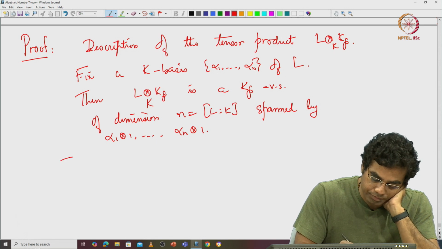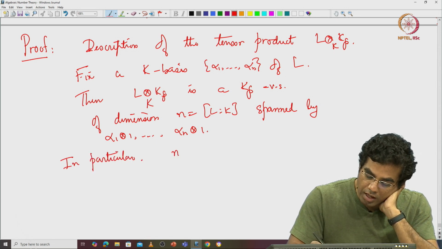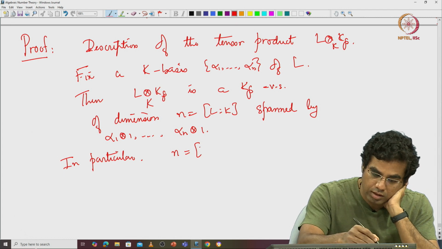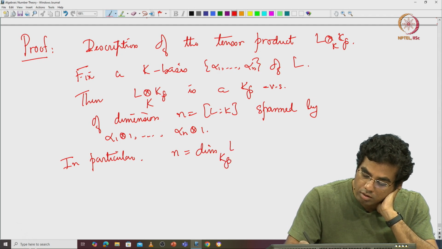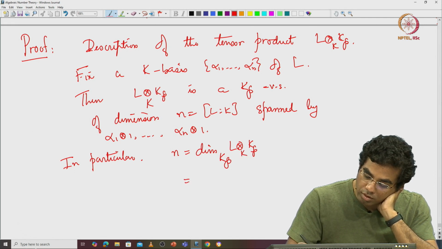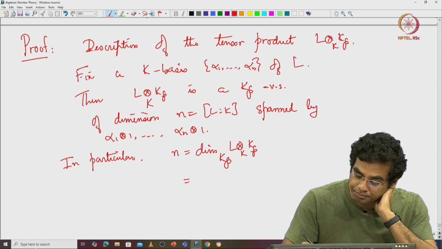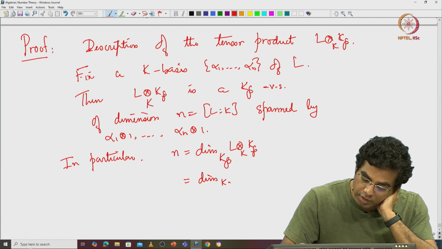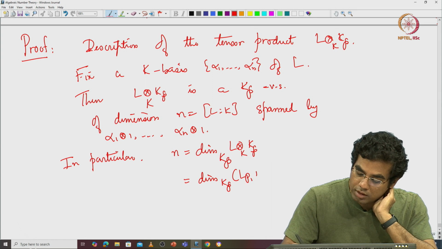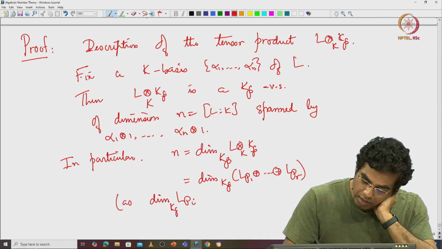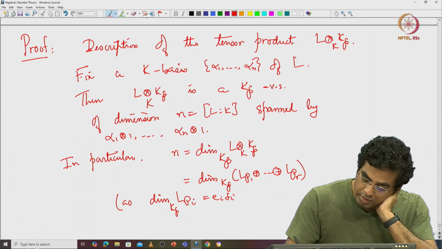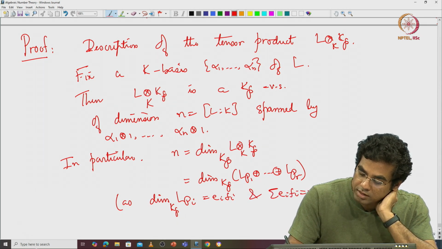So, in particular, as I said here, n equals the dimension over K_P of L tensored with K_P, but this is also equal to the dimension over K_P of L_P1 direct sum L_Pr, as the dimension of each of these L_Pi's over K_P is e_i f_i, and the summation of e_i f_i is equal to n.